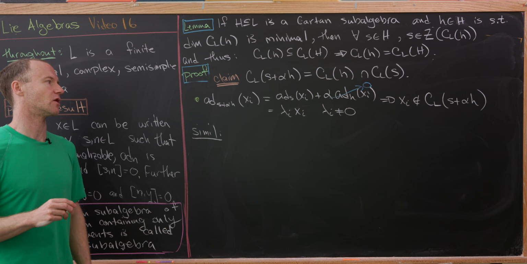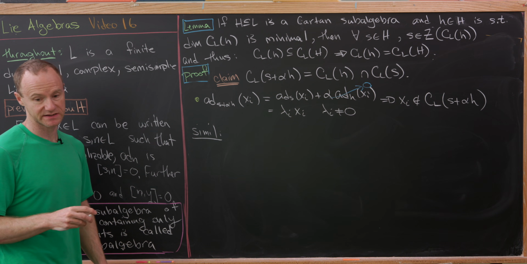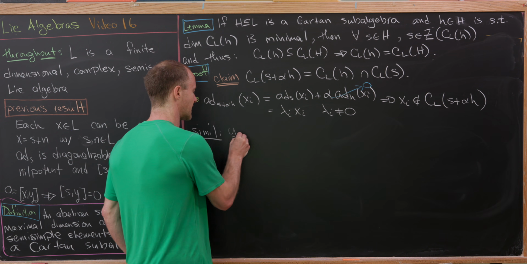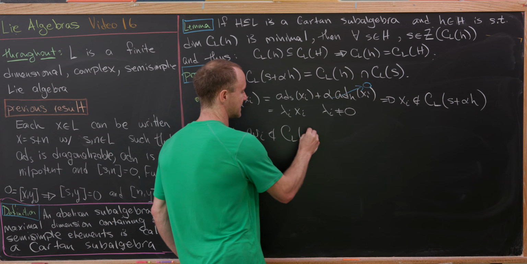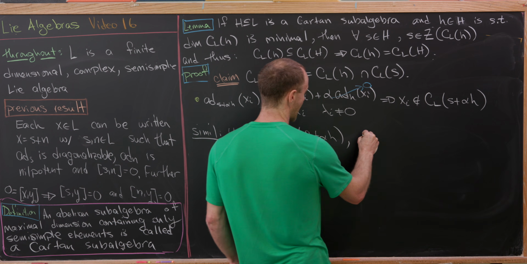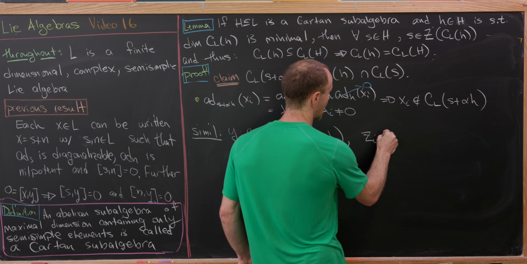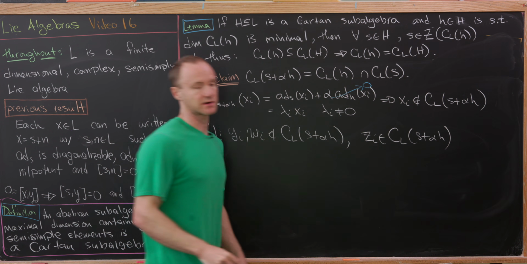I maybe leave that as a homework exercise. You'll see why alpha was chosen the way that it is. And what we'll see is that Yi and Wi are also not inside of CL S plus alpha H, whereas our Zi were inside of this centralizer.